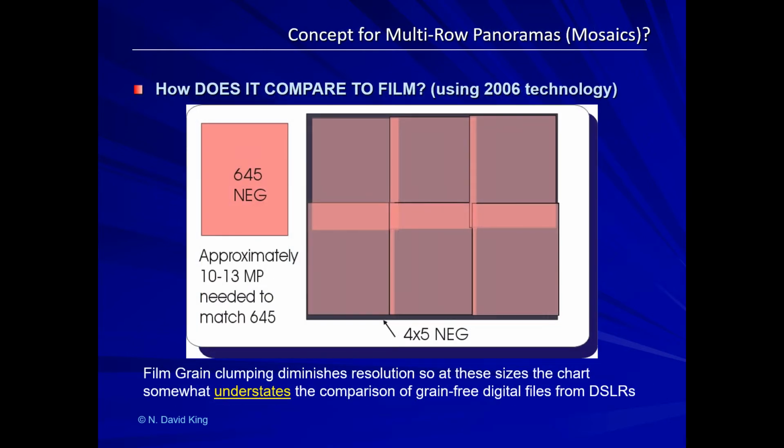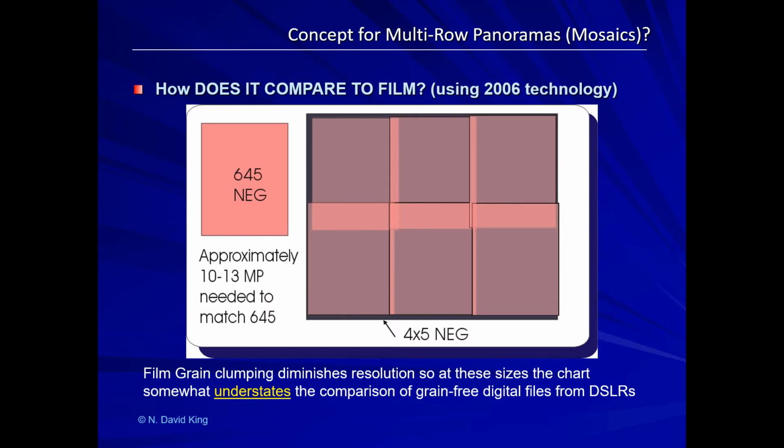And how does this compare to large format film using 2006 technology? Frankly, it's better today than when this slide was made. But in that day, in 2006, it took approximately 10 to 13 megapixels to match the quality of a 645 negative.